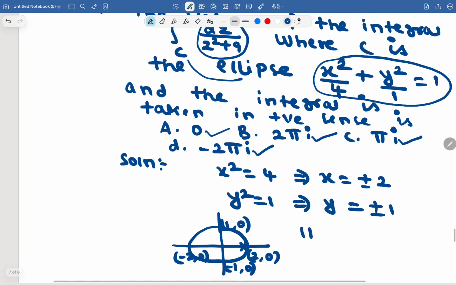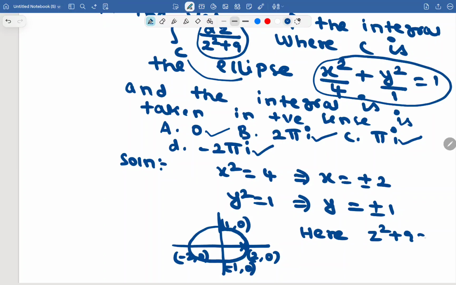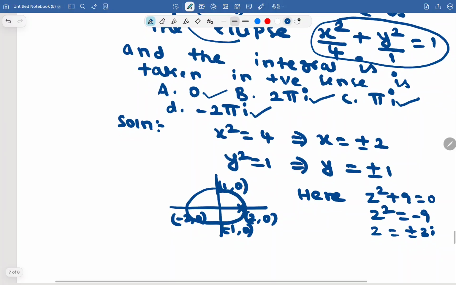Here, to find the pole, equate the denominator to 0. That is z square plus 9 equal to 0. Z square is minus 9. Z equal to plus or minus 3i.